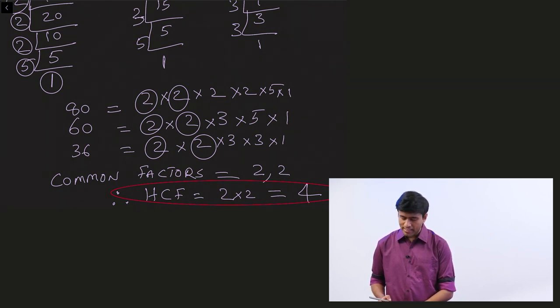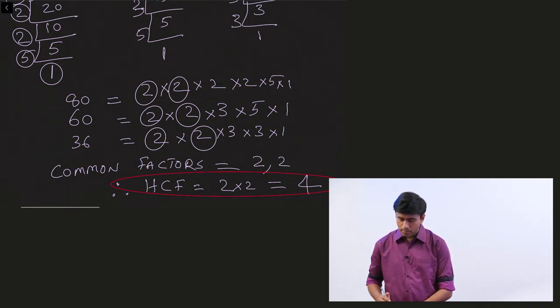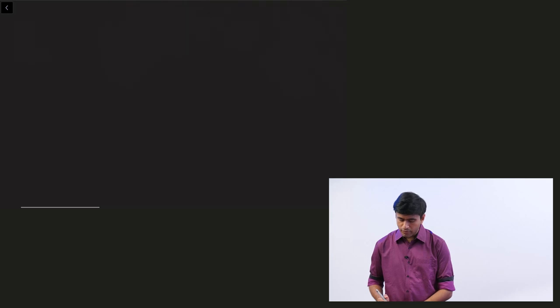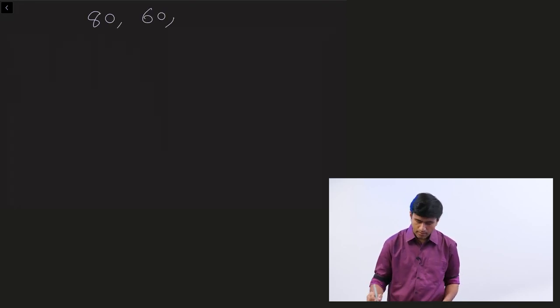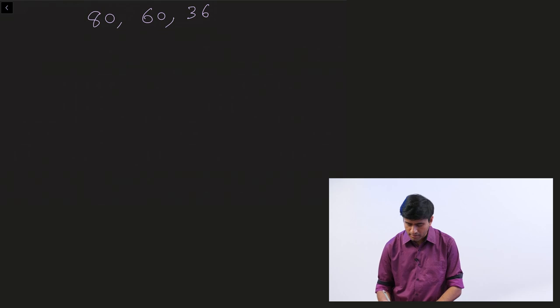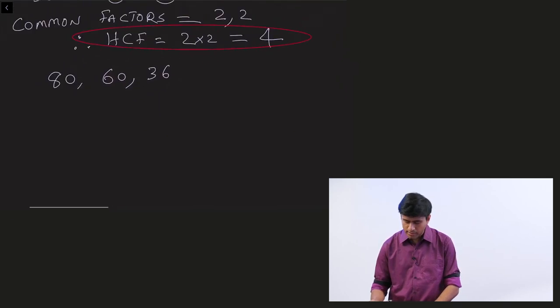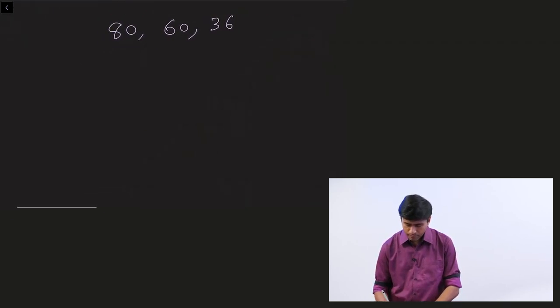Let's look at the second method, long division. Let's find the HCF using long division. We are taking the same numbers, 80, 60 and 36. In this method, the first step is to divide any two numbers.